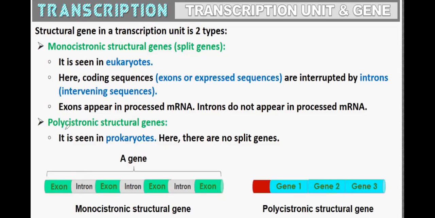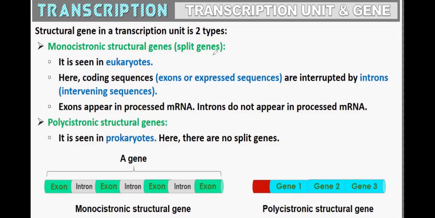Now second is the polycistronic structural gene. They are seen in prokaryotes. Here, there is no split gene. We will not find a split gene, no exon, no intron. So gene 1 is there, gene 2 is there, gene 3 is there.